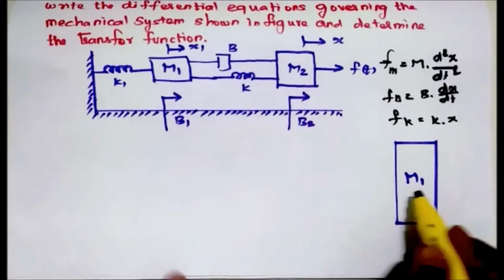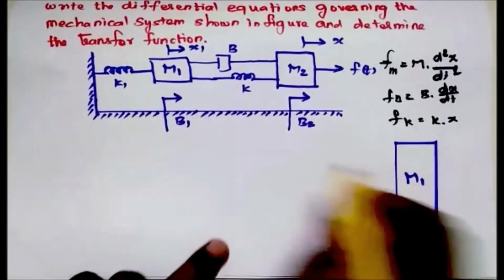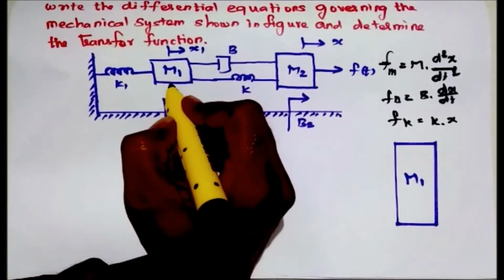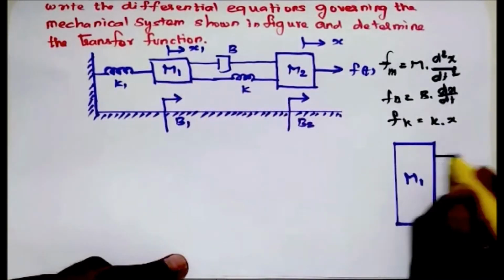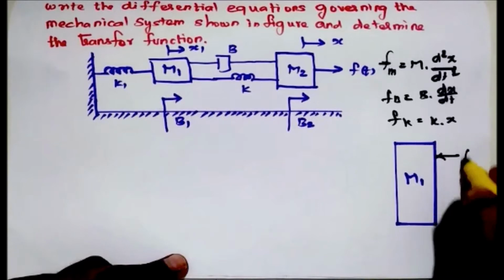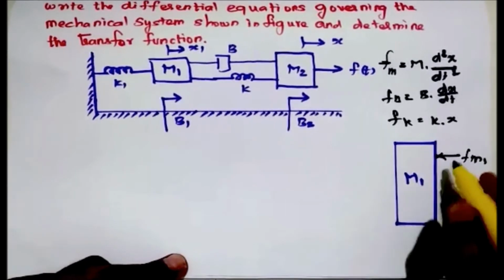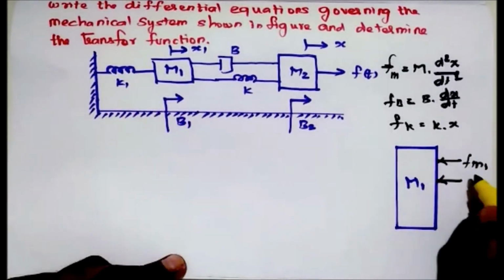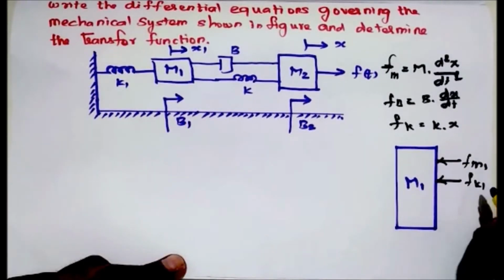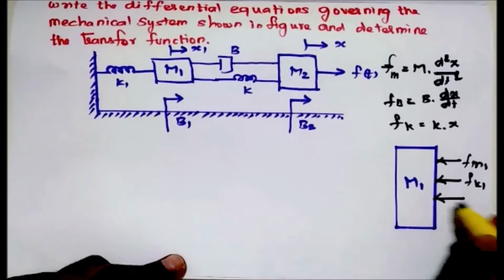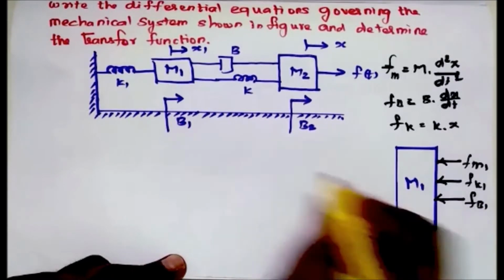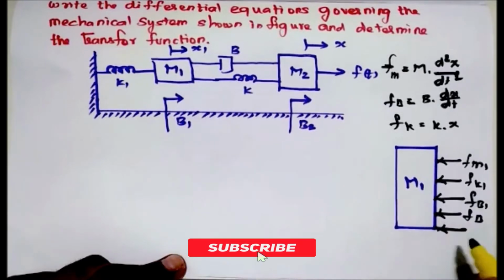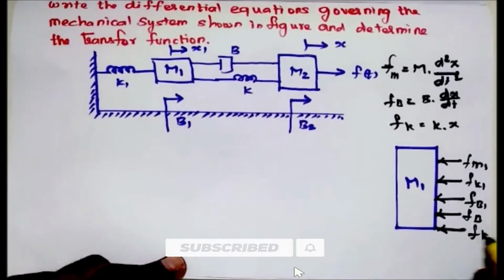So first we will take mass 1. Here there is no applied force, but the opposing forces are due to its own mass, that is Fm1, due to this spring element Fk1, due to this dashpot Fb1, next due to this dashpot Fb, then due to this spring element Fk.